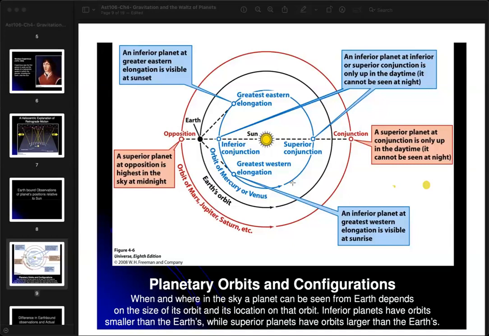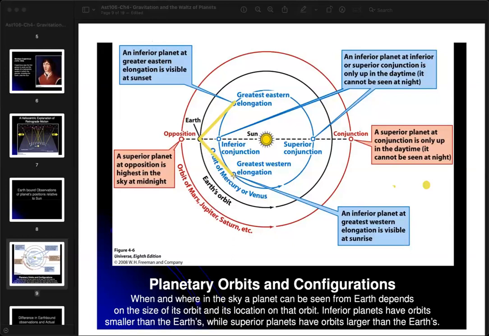Now, there is a maximum distance to the east that Venus could be, and that is called greatest eastern elongation, and that you will find by drawing this tangent line from the Earth to the circle, and where it touches this, that would be the greatest eastern elongation.